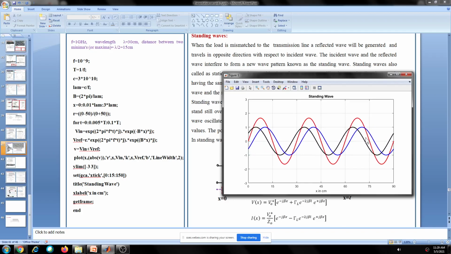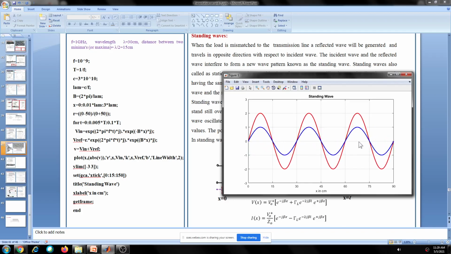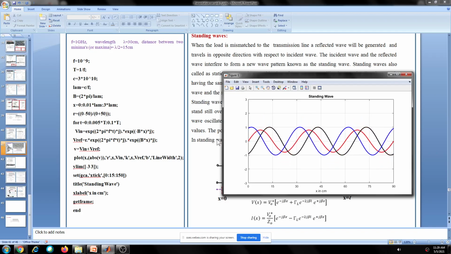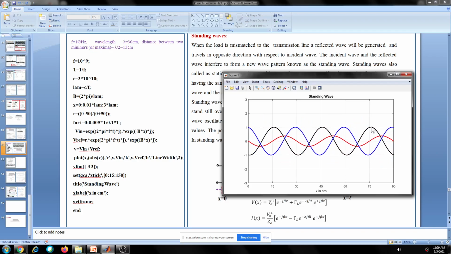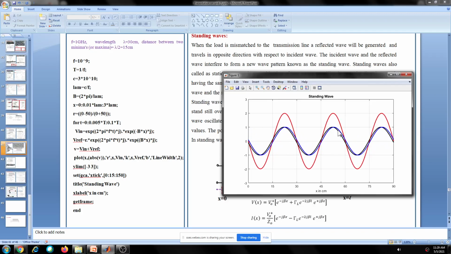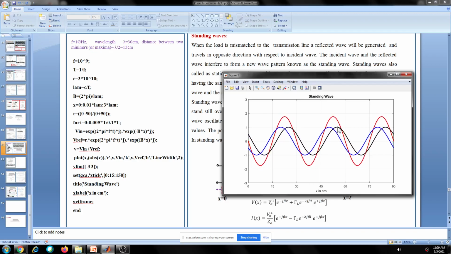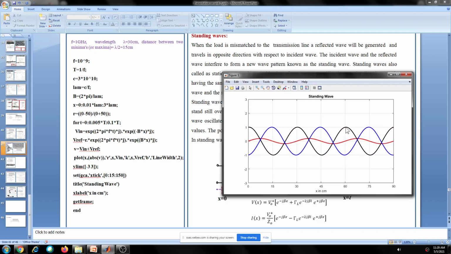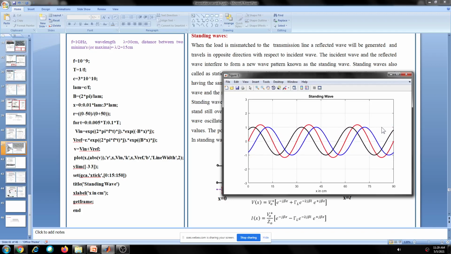But if you consider the reflected wave and incident wave, the peaks are moving either towards the load end or towards the source end. So here this is a peak, see it is moving like this, this peak is traveling. Okay, similarly, this peak is not oscillating, it is traveling like this, horizontally it is moving.